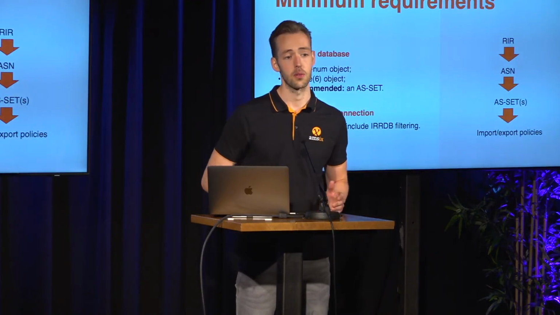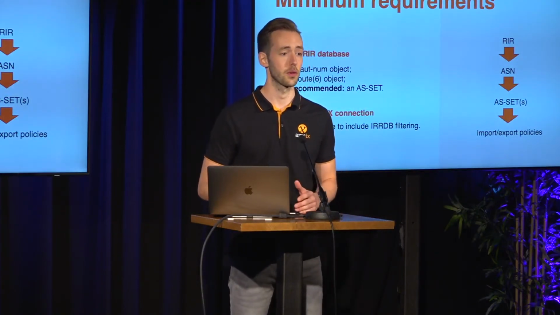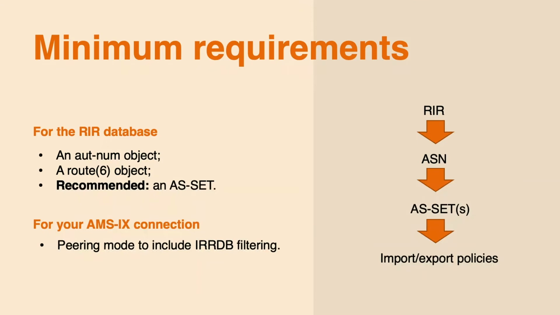Looking into the minimum requirements, let's start off with the regional internet registry, like the RIPE database, for example. They, of course, hand you an autonomous system number, and it is registered in the aut-num object. Furthermore, there's also a route object or a route6 object, depending on whether it's an IPv4 prefix or an IPv6 prefix.